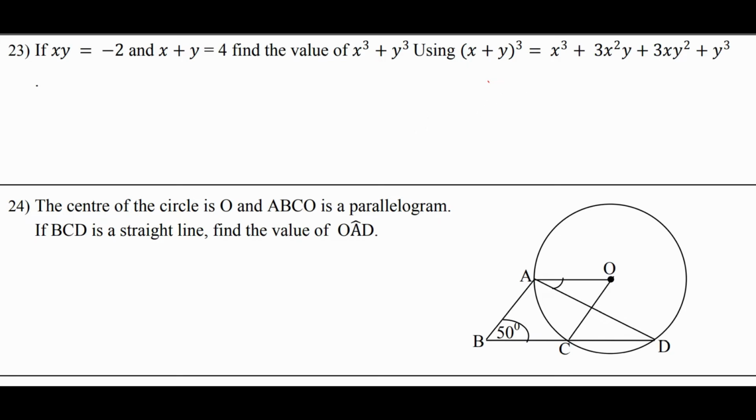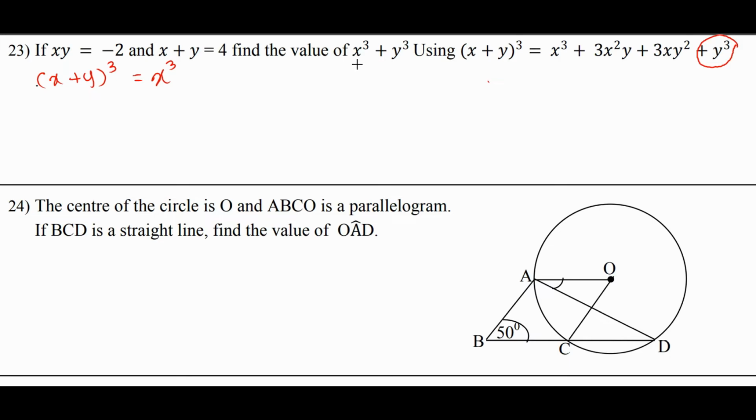I am writing it again. (x plus y) whole cube equals x cube. Now I will write the plus y cube near the x cube, because it is the value we are asking.